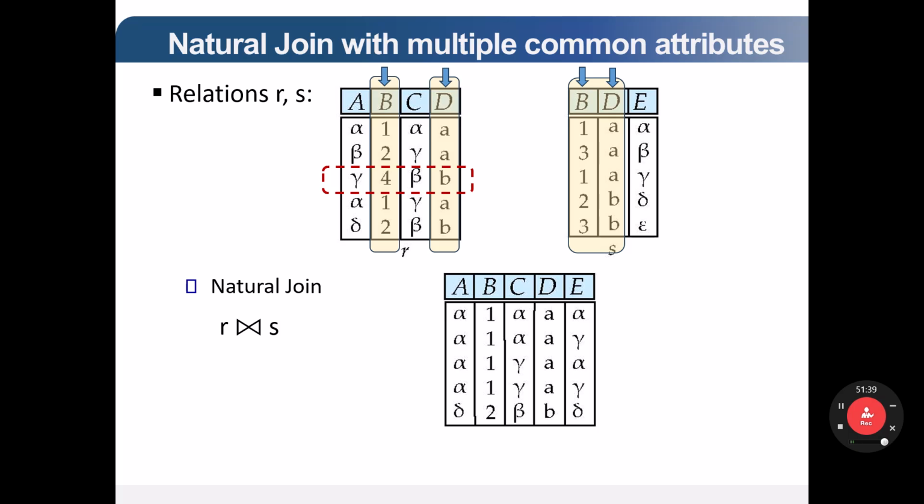So we move on to the next 4B. Do we have a 4B on the right? No, you don't. So we move on to the next one, 1A. Again, this one and this one match it. So we put those two combinations into the output table. And do we have a 2B? Oh yes, we have one. So those two tuples were combined and put it in the output table.